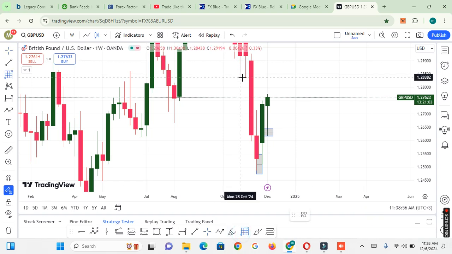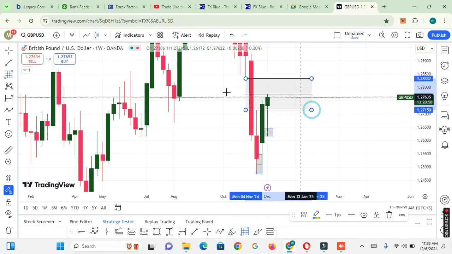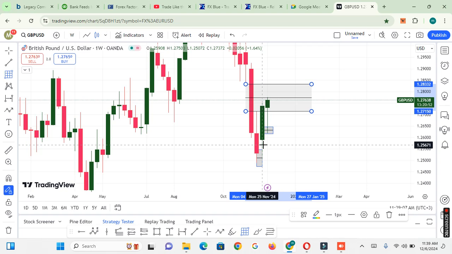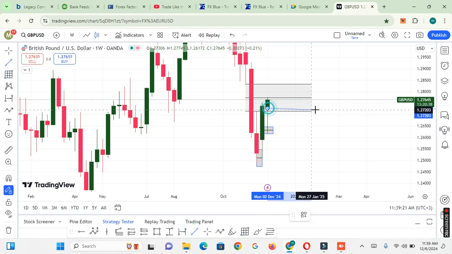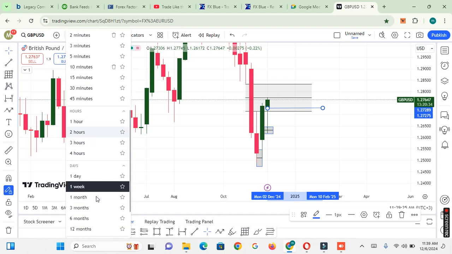If I see there's no opportunity, I will have to look for something different. So this week on Monday, price is still moving. Maybe it might come down to retest this, then go up. It might come to this weekly opening price, or the previous day's opening price.